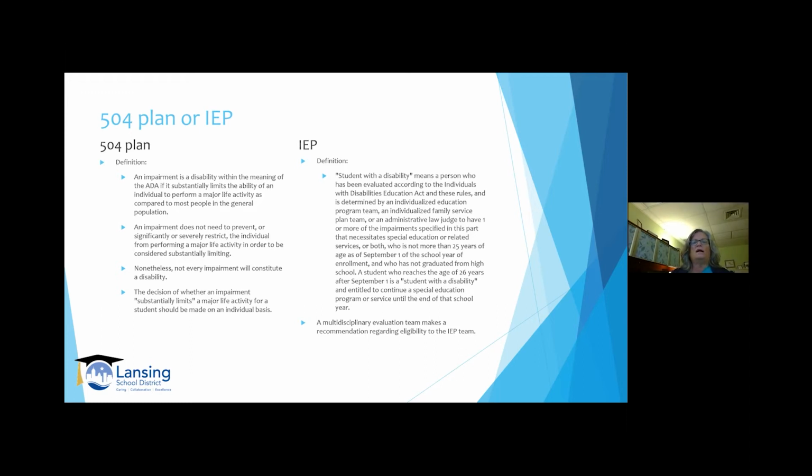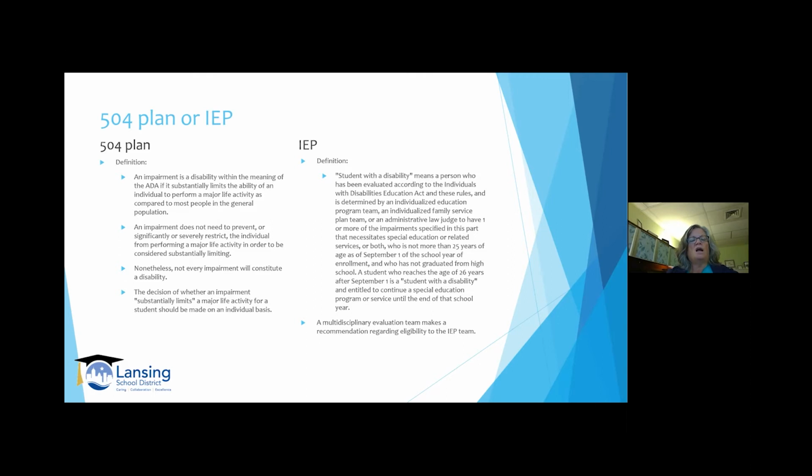Those are all accommodations that could be part of a 504 plan for a student who had a hearing impairment. And the student may or may not need the additional services in an IEP. So the 504 plan in that case would be sufficient for that child to be in the learning environment and to be able to access the curriculum.